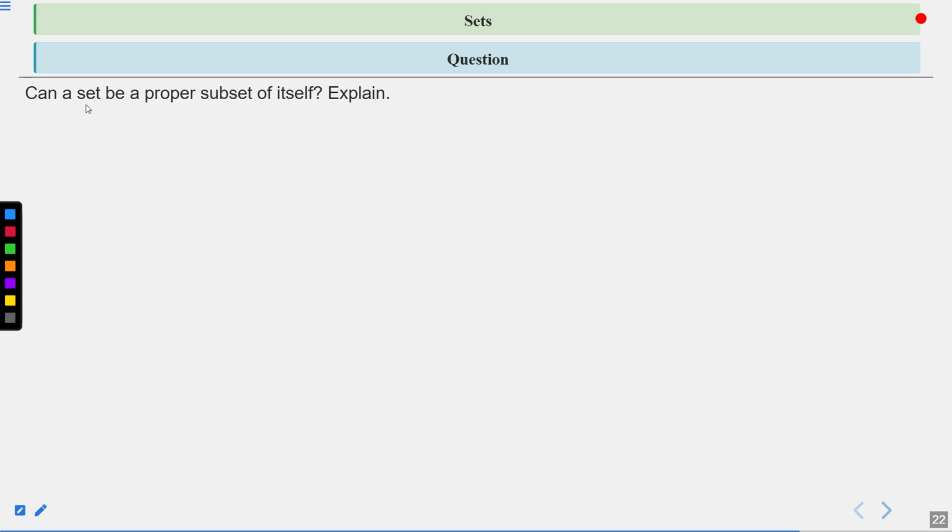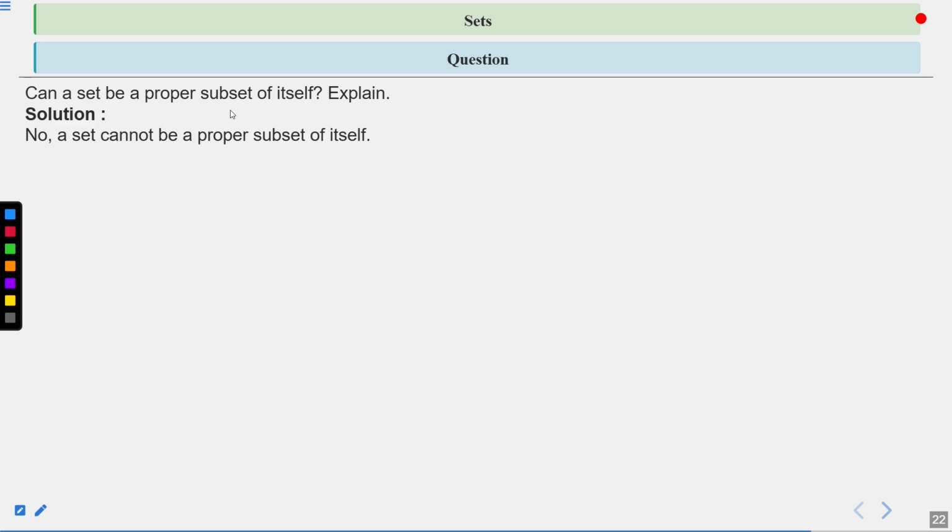Now this question: can a set be a proper subset of itself? Simple question. No, it cannot be. Why? If you recall the definition, it explicitly said that two conditions must be fulfilled in order to be a proper subset: A must be a subset of B and A not equal to B. Here we are asking whether we can have a proper subset of itself.